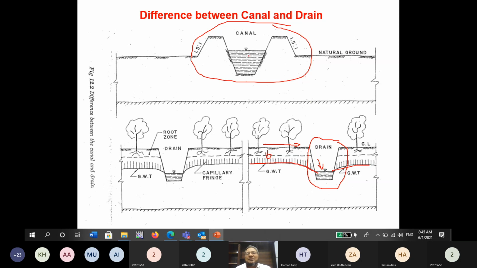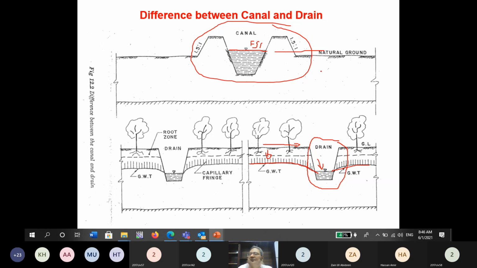Okay. Now please let me know what is the function of the canal, about the level of the canal. Where do we provide canals? In the area, or where do we keep the full supply level of the canal? 2 feet above ground. Yes, above ground.